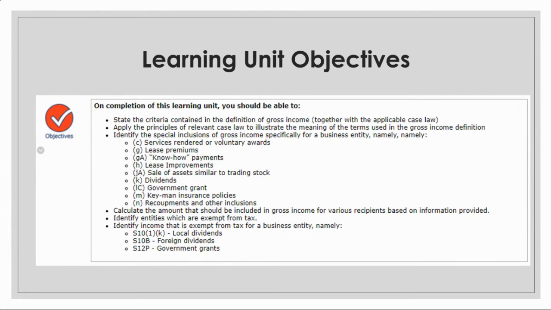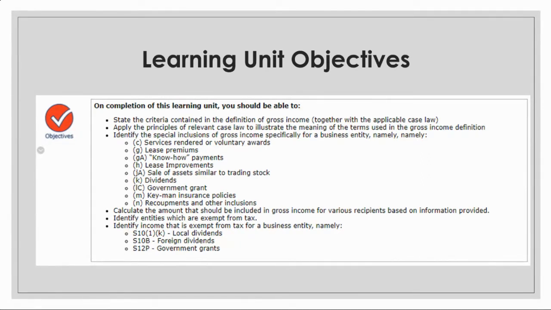These specific inclusions are generally related more to companies as opposed to individuals. Some of them would still link to an individual, for example, the services rendered, dividends, potentially the Keyman insurance policy, and the recoupments. Then you need to be able to calculate the amounts based on the information.